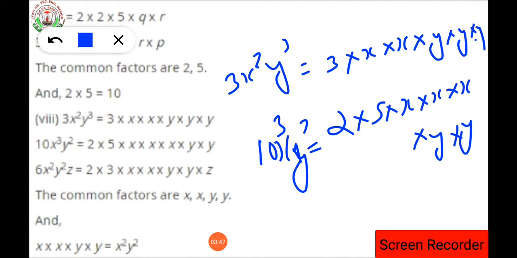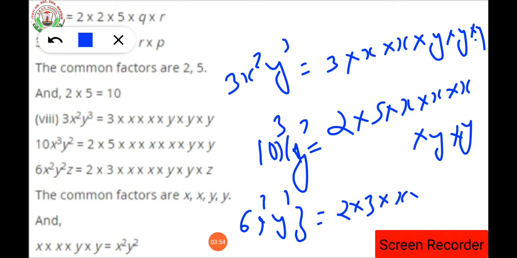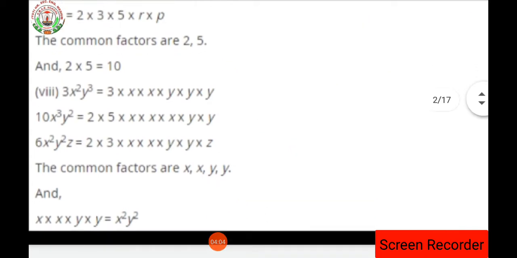In the same way 6x squared yz: 6 will be 2 into 3, rest x into x into y into z. So taking the common factors of the terms, we will get x into x, y. So these are the common factors we will get.